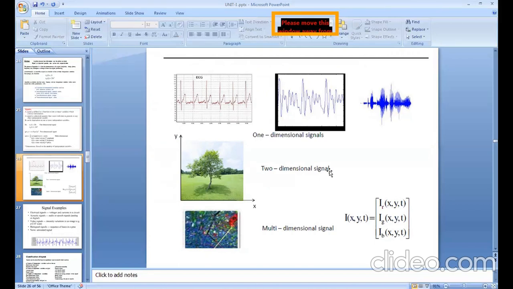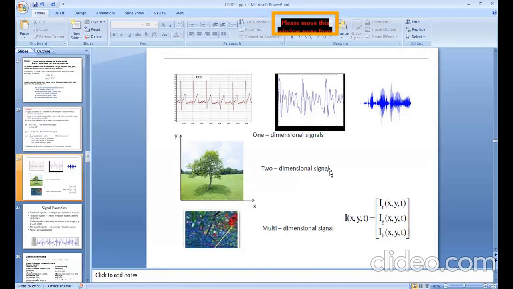And a multidimensional signal is represented by I in bracket X comma Y comma T. Here X and Y are variables and T is the third variable. So these three variables are independently varying. They are represented as R, G, B signals, red, green and blue light.